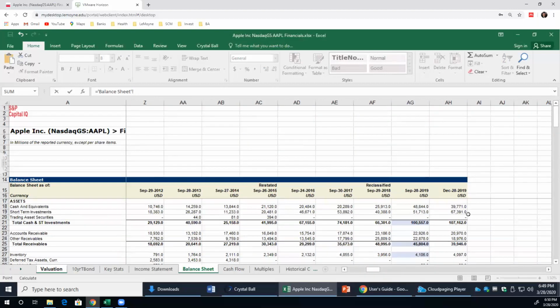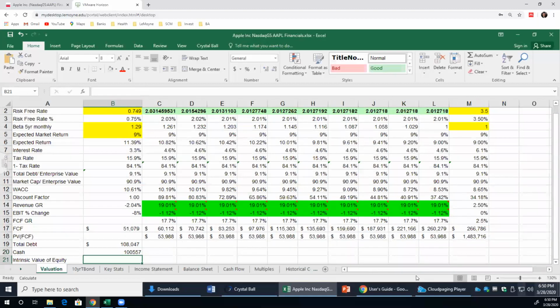Cash and cash equivalents, we have right here, $48 billion. Actually, you can use $100 billion here because the short-term investments are pretty much cash. You can just sell them and convert them to cash.